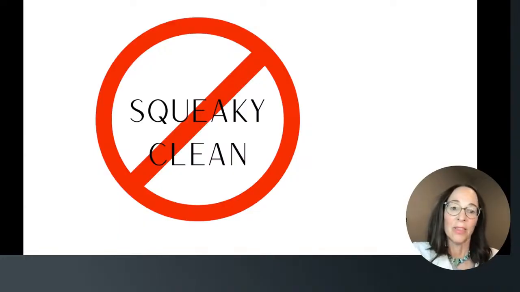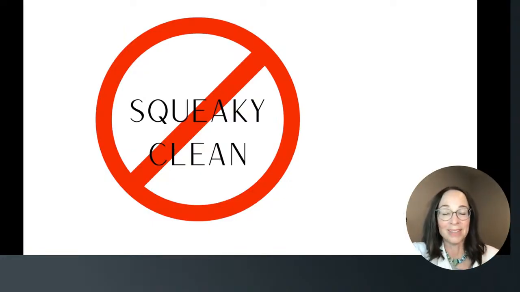And something to also mention is that going for that squeaky clean sensation after you've cleansed your skin is something that you never ever want if you're going for a good barrier on your skin. That squeaky clean comes from using alcohol in a cleanser or toner, or using makeup pads to remove makeup, which are never a good idea.